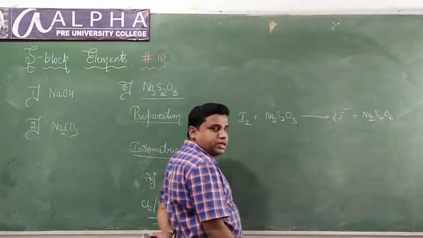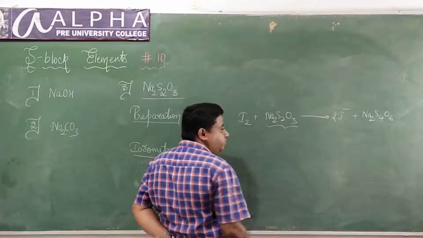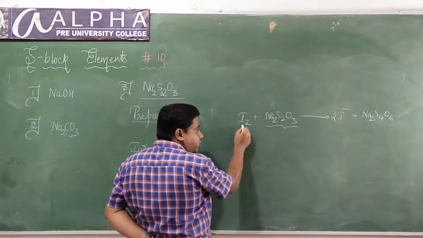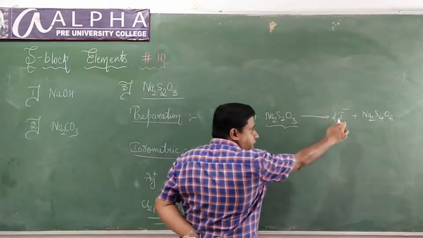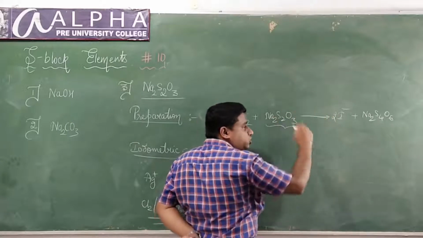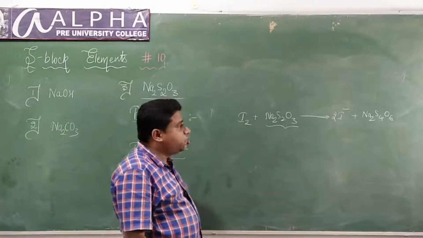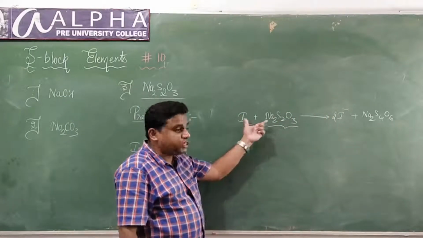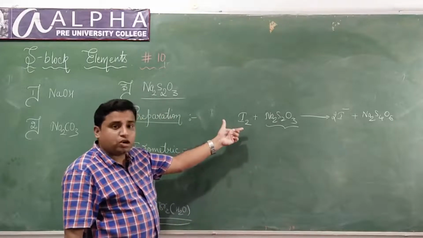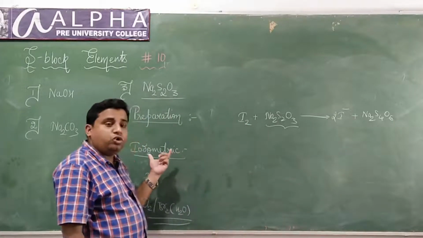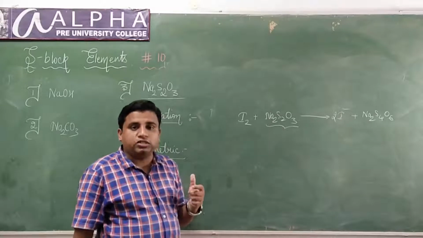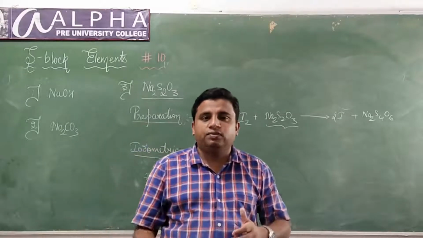Are you getting my point? So sodium thiosulfate is reducing iodine to iodide, but itself getting oxidized to Na2S4O6. This reaction we come across in a titration called iodometric titration.